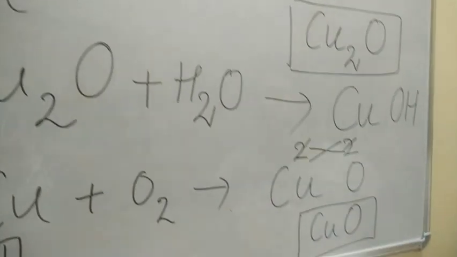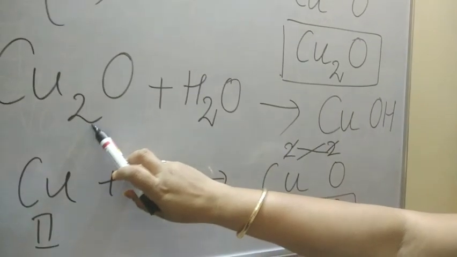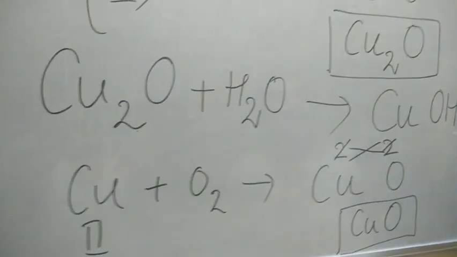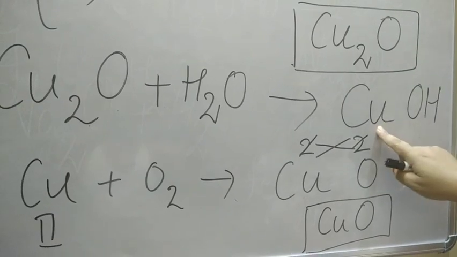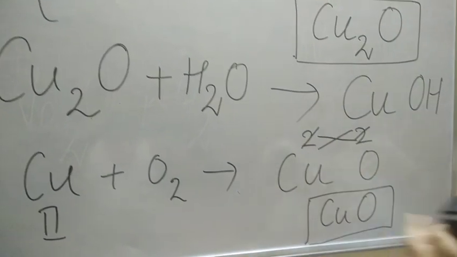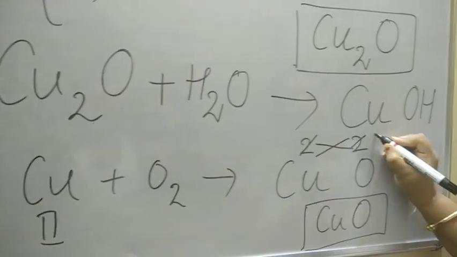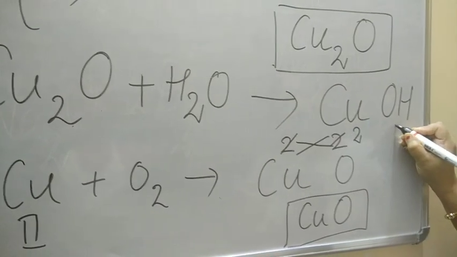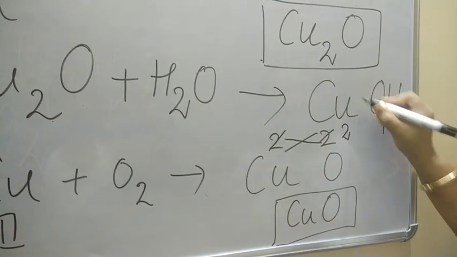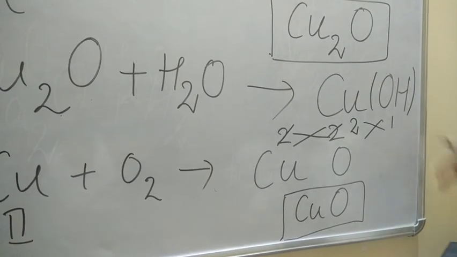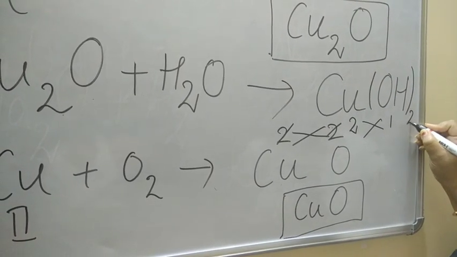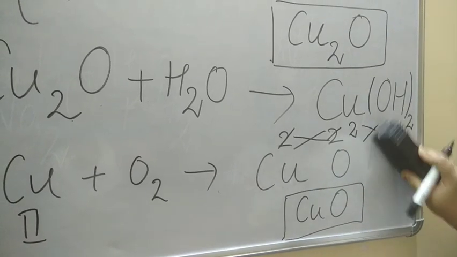Just remember this only. The rest, it's fine. If you take Cu2O plus H2O and here I took valency 1, so it is copper hydroxide. If I would have taken valency 2 and hydroxide valency 1, then cross multiply, bracket because a number will be there, and it will become Cu(OH) whole twice.